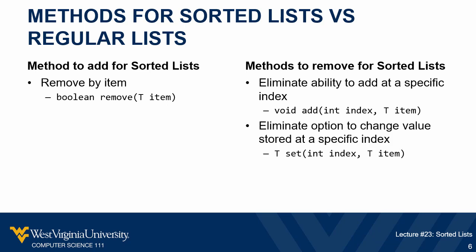For a similar reason, we're also going to get rid of the set method, where users can change the value that's stored at a particular index. We don't want users to be able to potentially change something to a different value that would result in our list not being sorted, so set has to go.